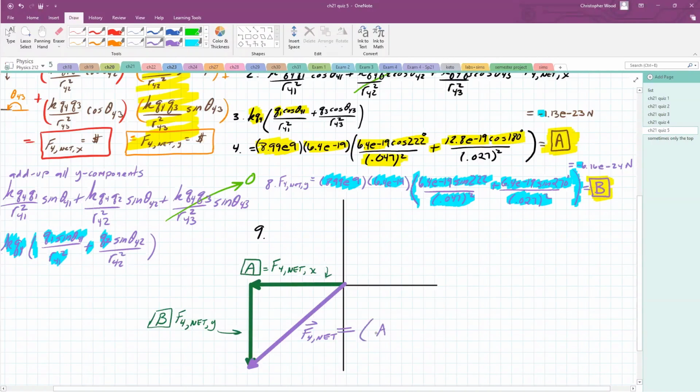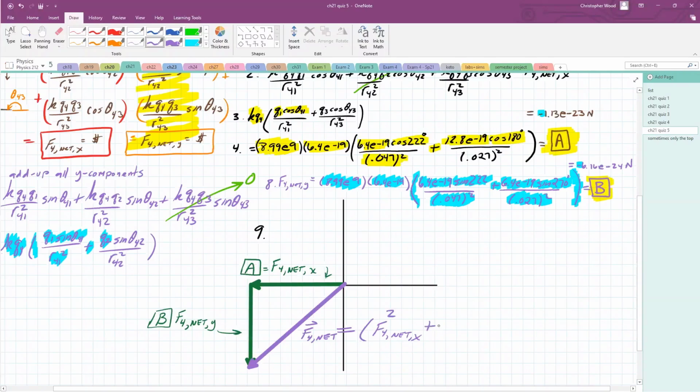Just do calculator memory location A squared plus calculator memory location B squared, because, let me actually back up, this is just F4 net X squared. So it's Pythagorean theorem.